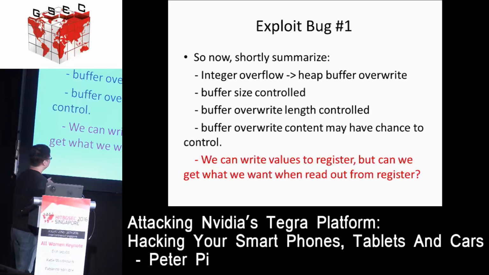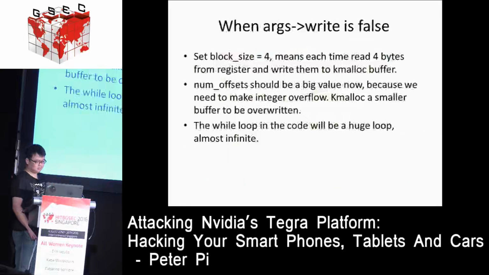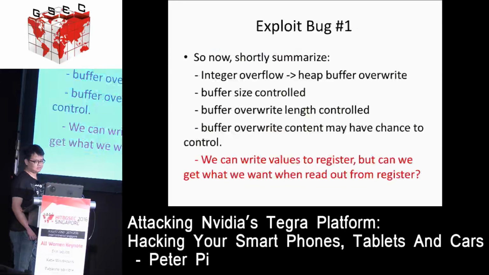We also can control the heap buffer overwrite length because we can control the offset. You can see we set the block size to 4, and each time overwrite 4 bytes and set a big offset to break, so we can control the overwrite length.